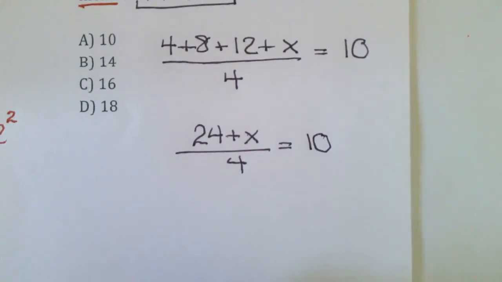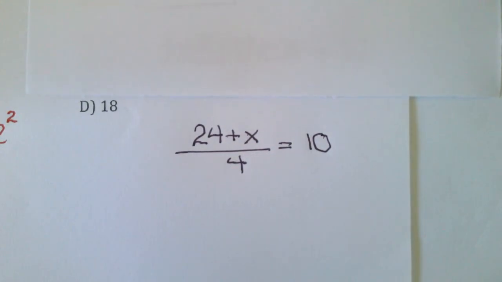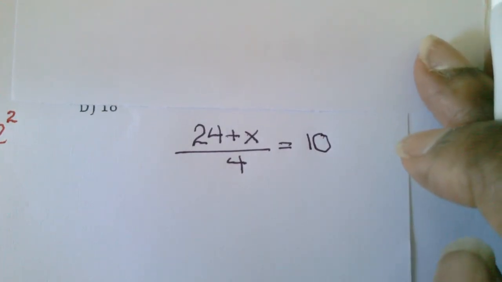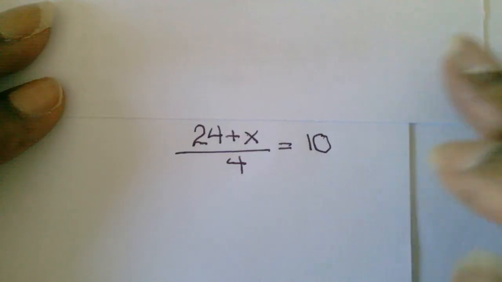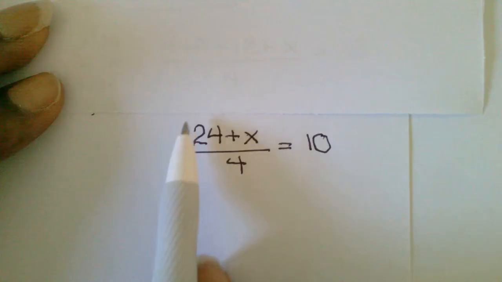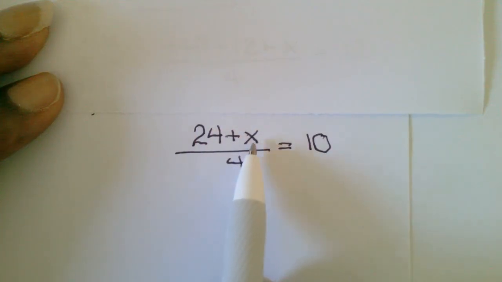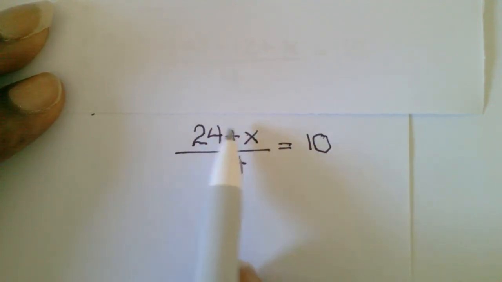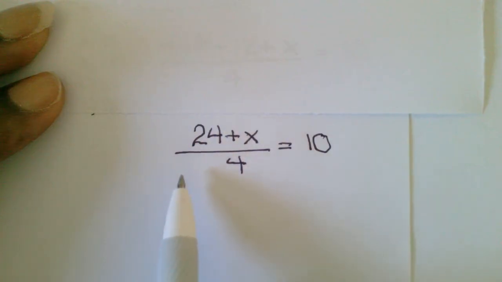Now this is when I cover up so we can focus on one thing at a time. Over here, we have addition, but we have division. In order for us to get x by itself, because that's the goal, we need to get out of this division. So we have to do the inverse.